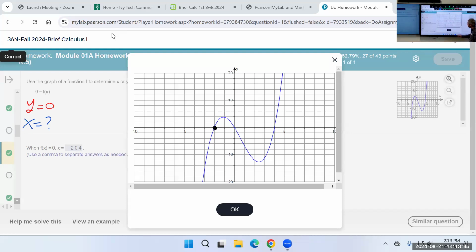That's an x-intercept. Here, that's an x-intercept. And here is an x-intercept. So it looks like from the graph, x equals -2, x equals 0, and x equals 4. Those would be the x-intercepts.